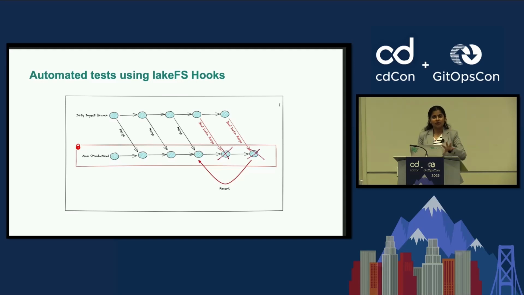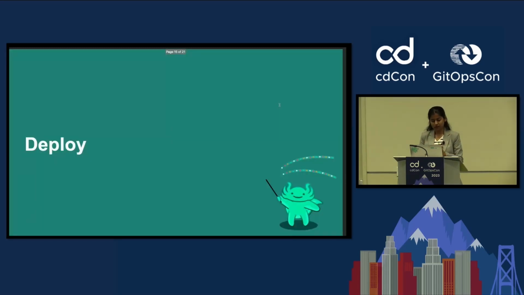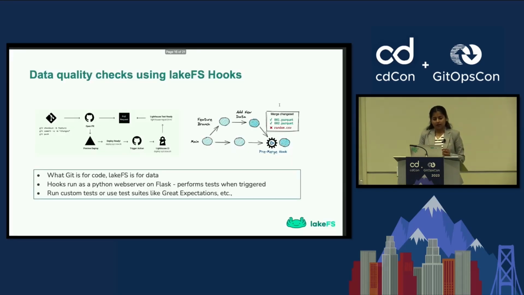So we understood, for the testing part, how we can create isolated data environments with these LakeFS branches. Now let's move on to the next part, which is the deploy phase. The deploy phase, like I said, is enabled by LakeFS hooks, because when you want to deploy, you want to run this CI test, and only then continuously deploy or promote your data to production.